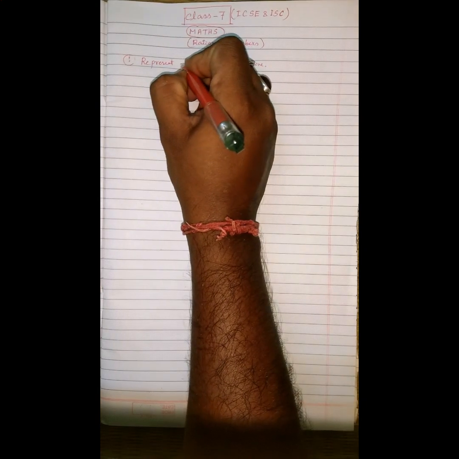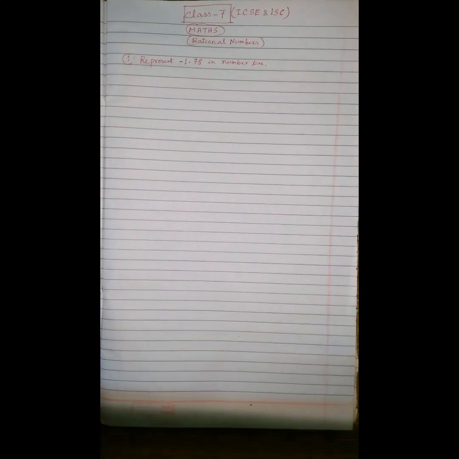How to represent this? If there is a minus in front of it, that is minus 1.78 on the number line, how can they express it? Many students become confused about this.